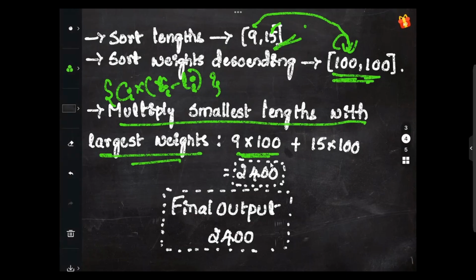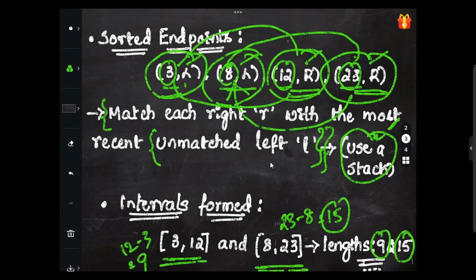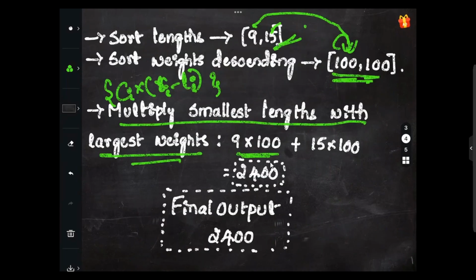Where did 9 and 15 come from? The intervals formed were 3 comma 12 and 8 comma 23, so we do 12 minus 3 and 23 minus 8 to get the lengths. So we got 9 and 15, and we have successfully sorted the lengths. We sort the weights in descending order, but we have the same value, so we don't have to worry.